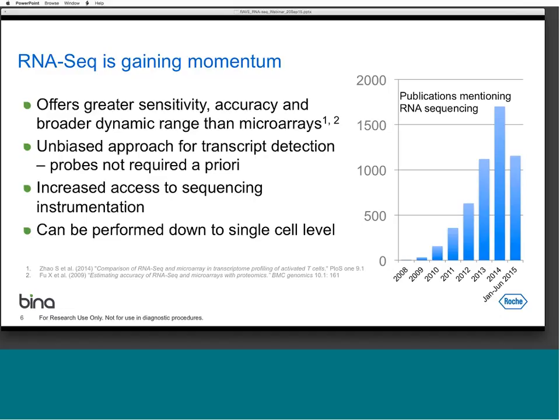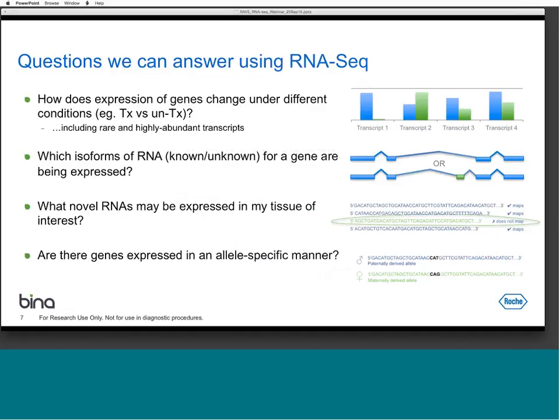So there are some new ways to assess cell transcriptional dynamics because of that. The first few publications in RNA-Seq came out in 2008, and as you can see, there's been an exponential rise since then. And by the end of 2015, we're anticipating we'll have over 2,000 RNA-Seq publications.